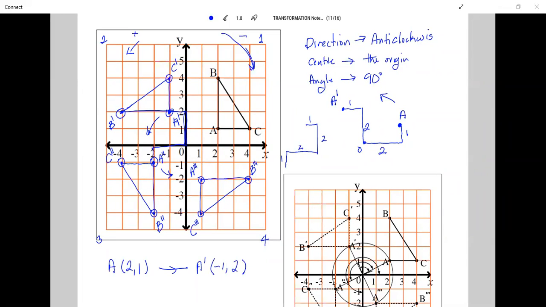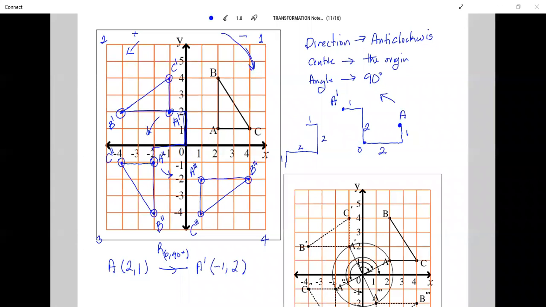And this is R_O 90 degrees, which means an anti-clockwise rotation of 90 degrees about the origin. The positive 90 indicates that you're going in an anti-clockwise direction. If it was negative, you'd be going in a clockwise direction.